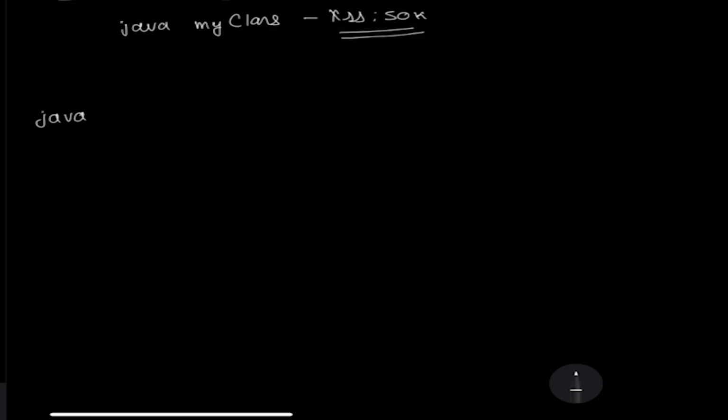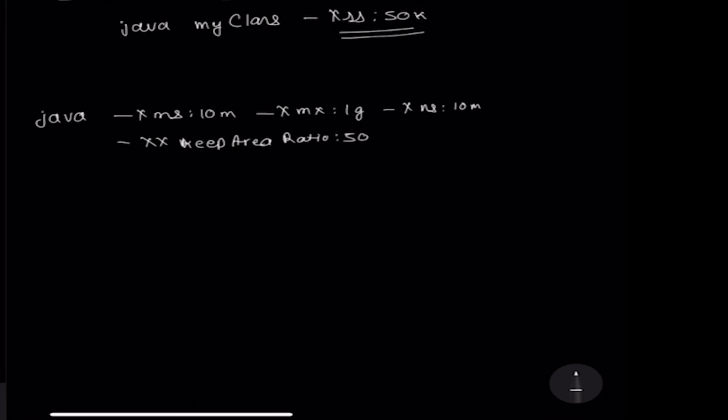We can combine all these parameters together. We can define the nursery size, maybe 10 MB, and we can define the keep area ratio, maybe we give it 50%, and we can also define our thread stack size as 50 KB or whatever we think is appropriate, and then we can give our class name.